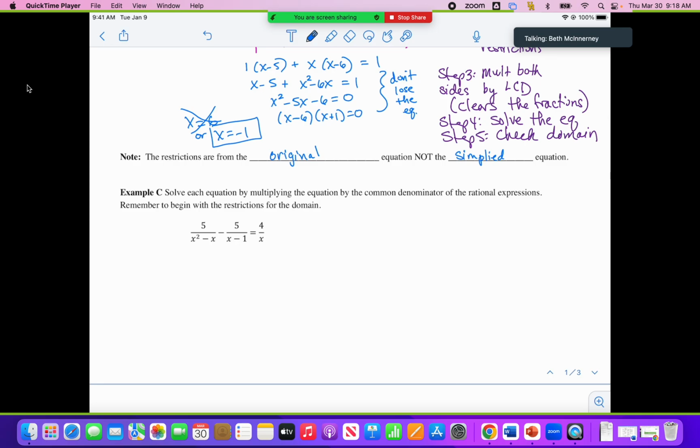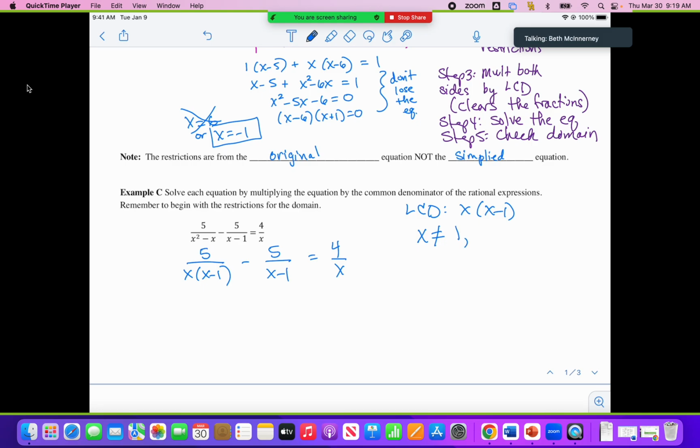So step 1 is to factor any denominators. So my LCD is x times x minus 1. All right, then Jake, what are the domain restrictions? X can't be 1.